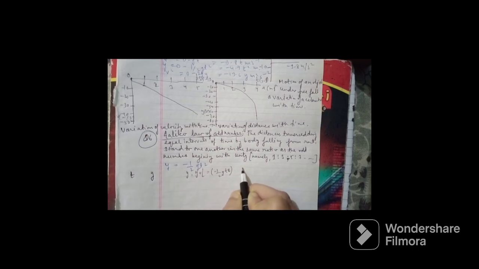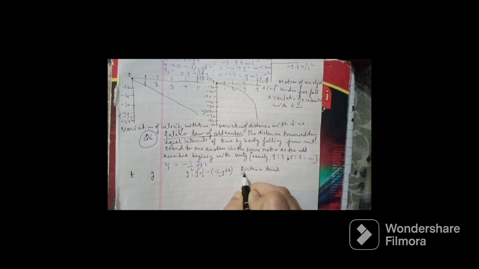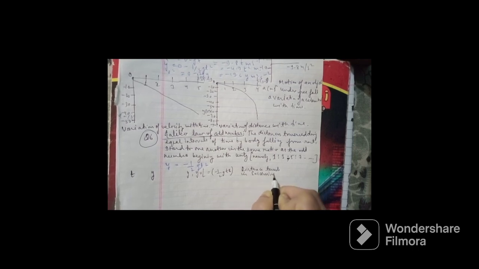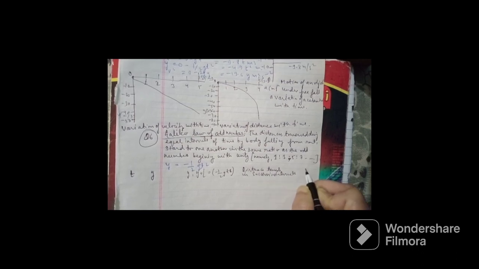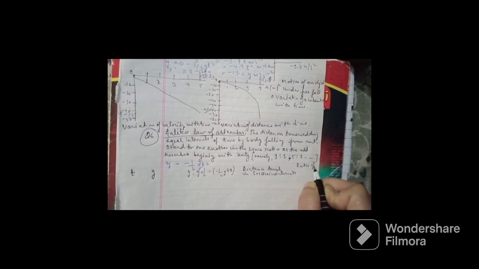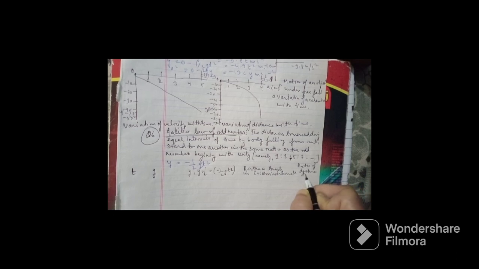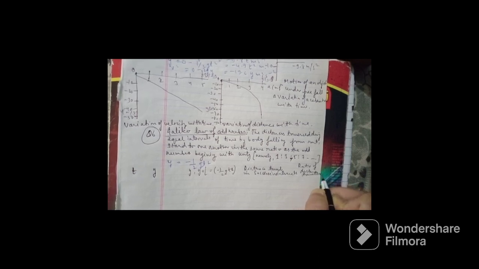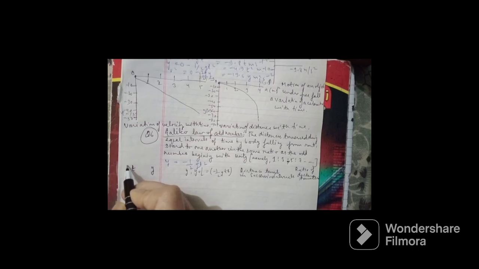Then we have distance traversed in successive intervals, and this is for the ratio of distance traveled. Now we find it out here.